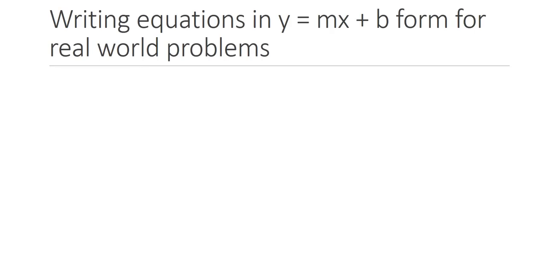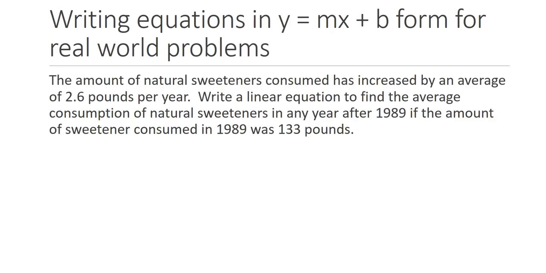The last thing we want to look at is creating a slope-intercept equation from a word problem. So here's an example. The amount of natural sweeteners consumed has increased by an average of 2.6 pounds per year. Rate of change, or a change per year, this is a slope.